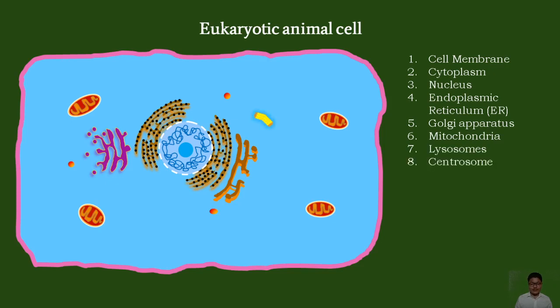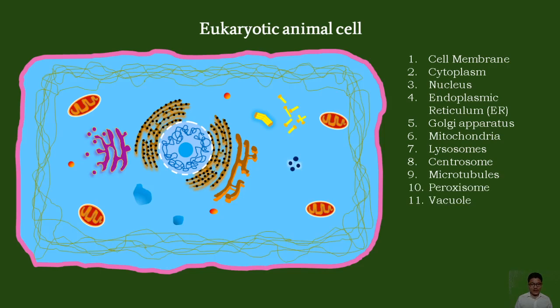Centrosomes are present, which are essential for cell division in case of plant cell. Microtubules are also present. We have peroxisomes. We have vacuole. So these are cell organelles.